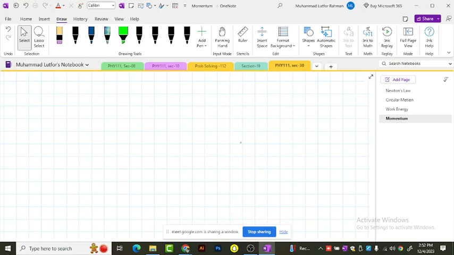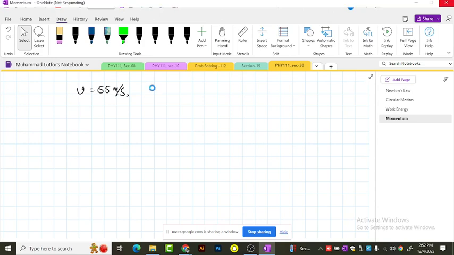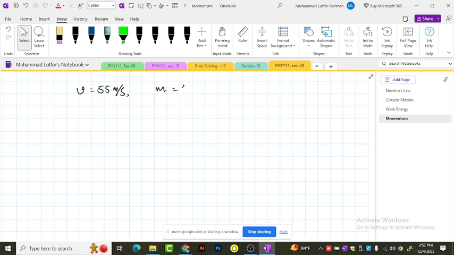All right, let's consider a case: a tennis player serves a ball with a speed of 55 meters per second, and the mass of the ball is 0.06 kg, which means 60 grams, and the interaction time between the ball and the racket is 4 milliseconds.